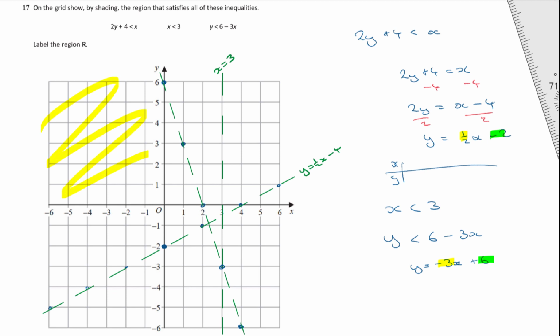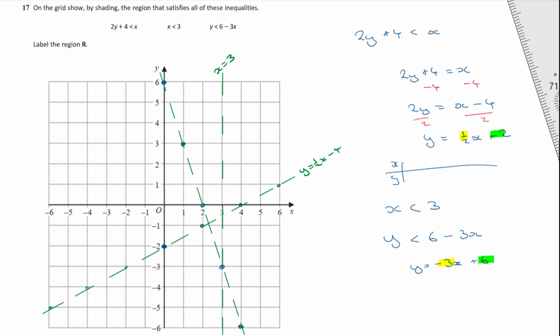There's this big region over here, this one up here, this one over here, this region down here, a teeny tiny one in there, one down here, and another one over here. So this diagram has been divided into all of those regions, and we need to work out which region is R, which one satisfies all those inequalities.